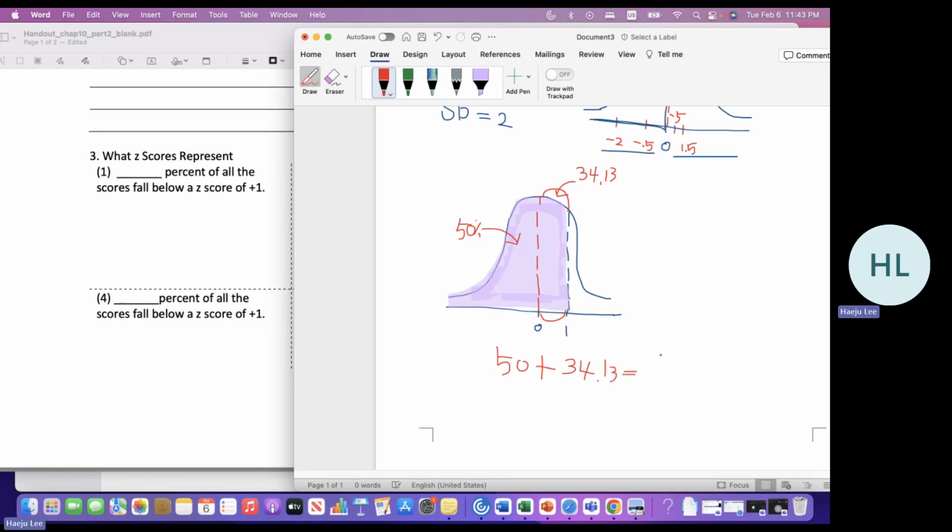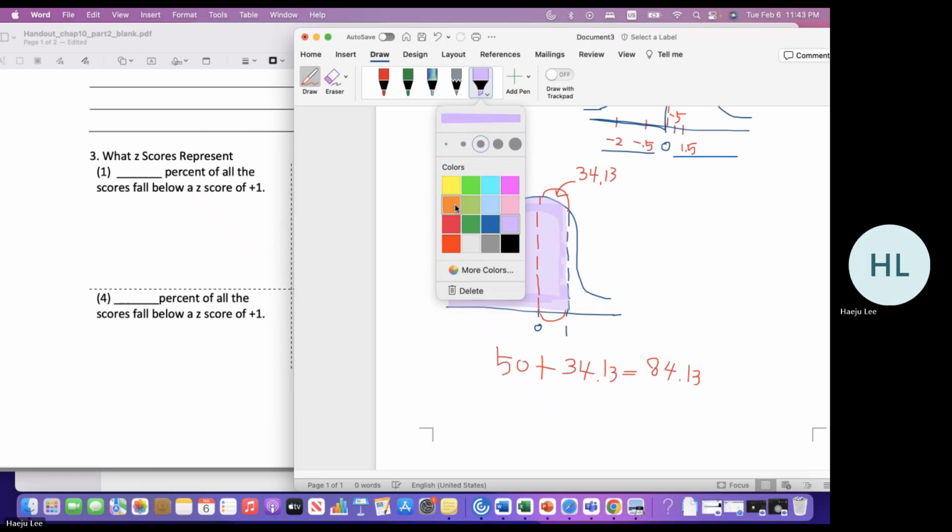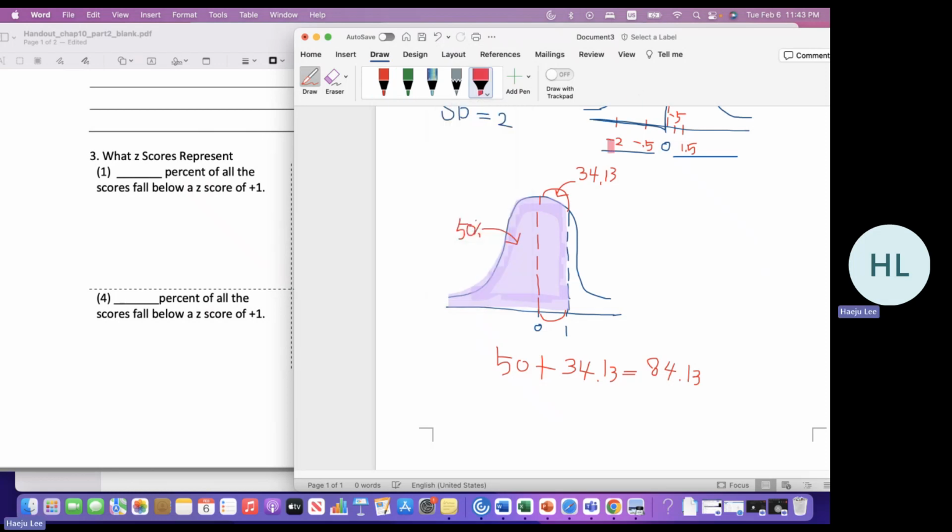So that should be 84.13. So all of this area is 84.13%.